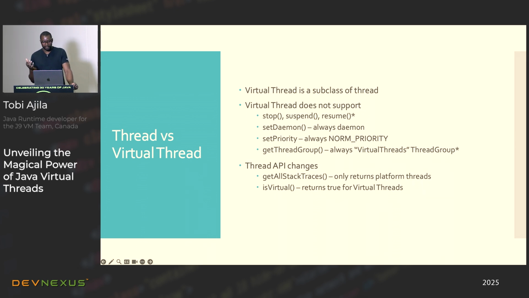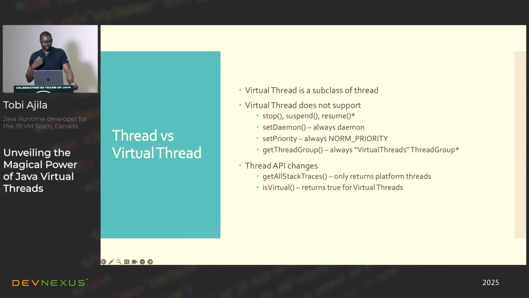The reason is that because virtual threads are quite numerous, the way virtual threads are managed is different. With platform threads, the VM internally keeps a list of all the platform threads. But if you have 1 million threads, then keeping a list of that becomes very expensive due to synchronization, et cetera.